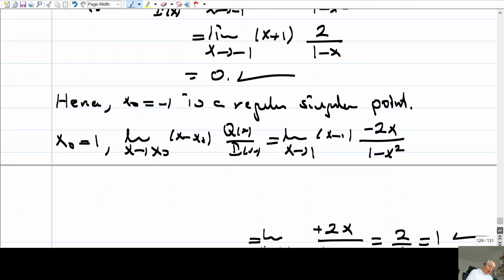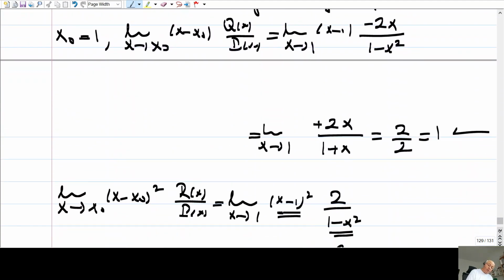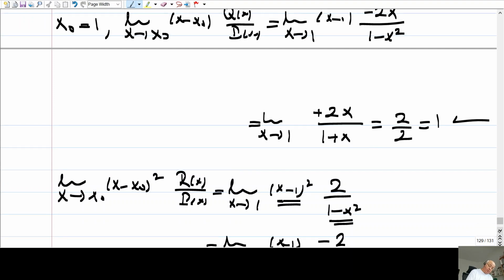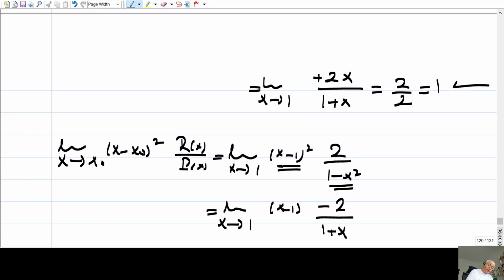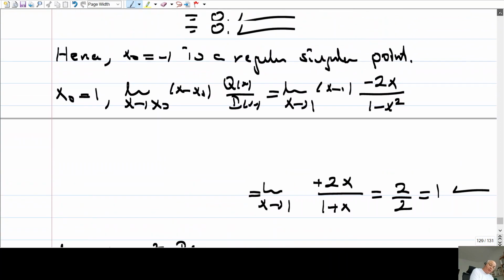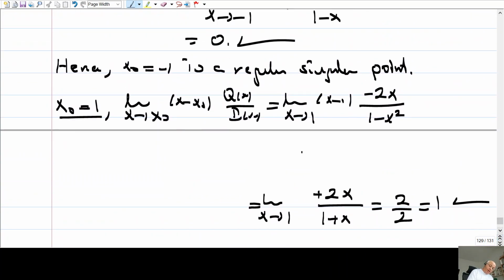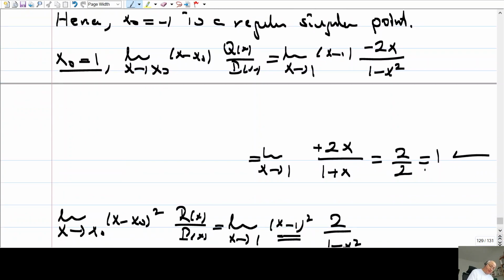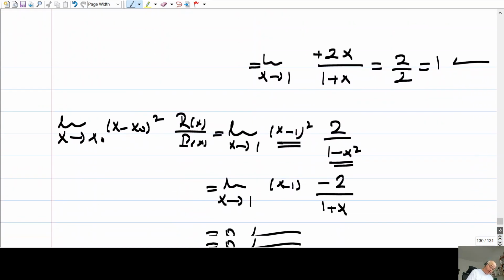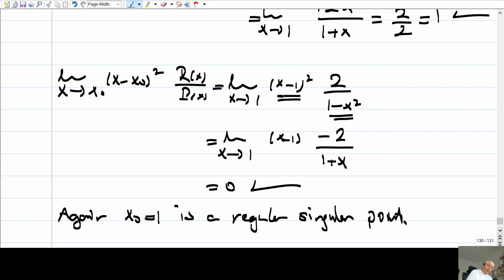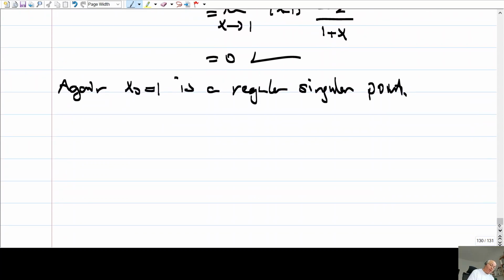Similarly, we checked the other singular point, x equals 1. And we see that, again, both limits exist. One of them is 1, the other one is 0 again. And again, x0 equals 1 is a regular singular point.